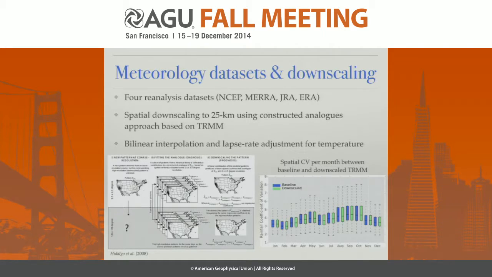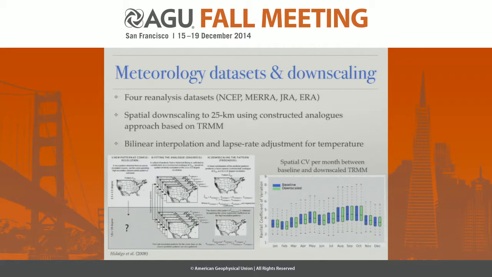Then you pair up the coarse and fine scale, and with those, you can essentially use the same regression. You use linear combinations of those and use the same regression coefficients from the coarse scale to the fine scale, finally ending with 25-kilometer rainfall fields. For temperature, we just use bilinear interpolation, but taking into account the elevation, so we're using a lapse rate adjustment.